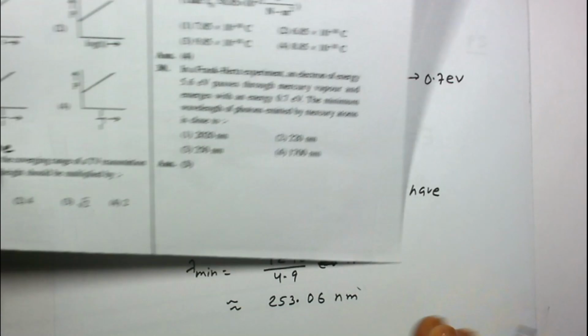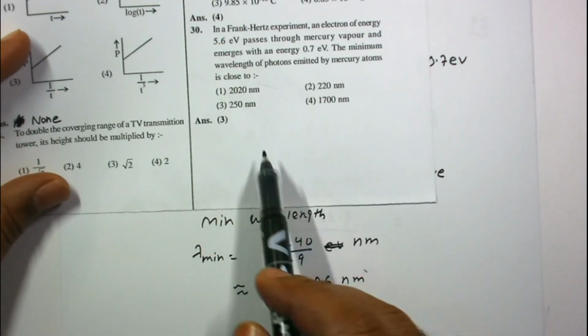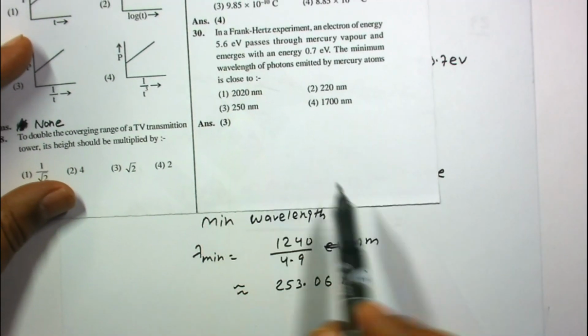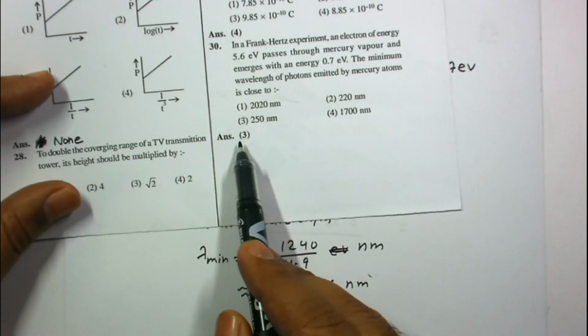So the correct choice, which is very close, is 250. 250 is close to this answer. So option number 3 is correct.